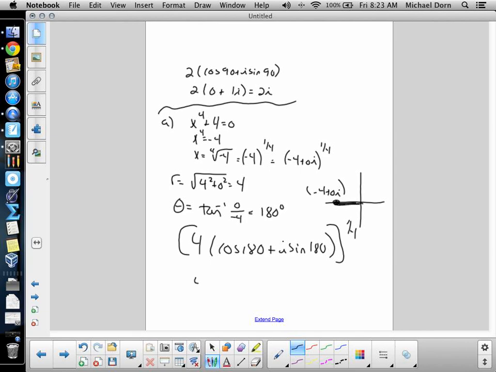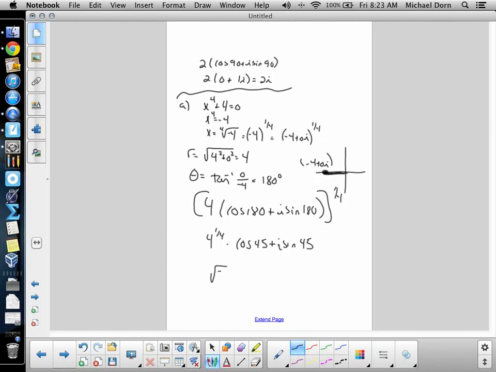Or 4 to the 1/4 power times cosine 45 plus i sine 45. 4 to the 1/4 power is the square root of 2. Cosine 45 is root 2 over 2, plus i root 2 over 2. So that's 1 plus i. Now, that's the first root.